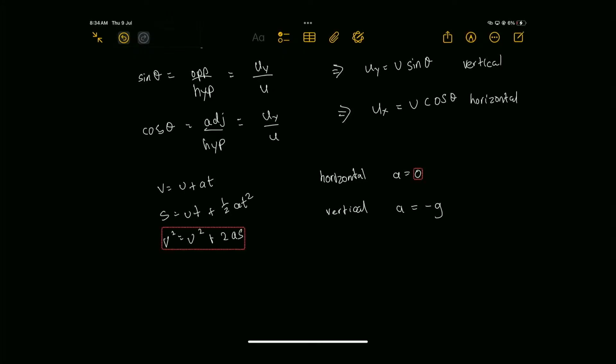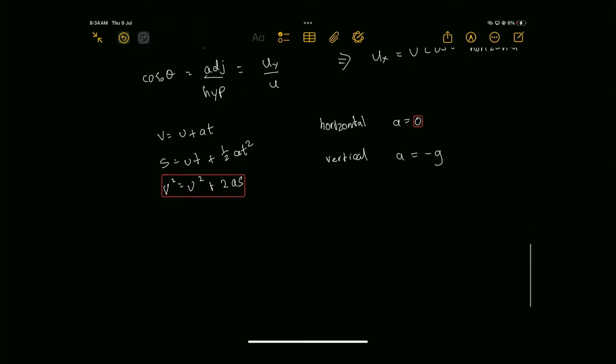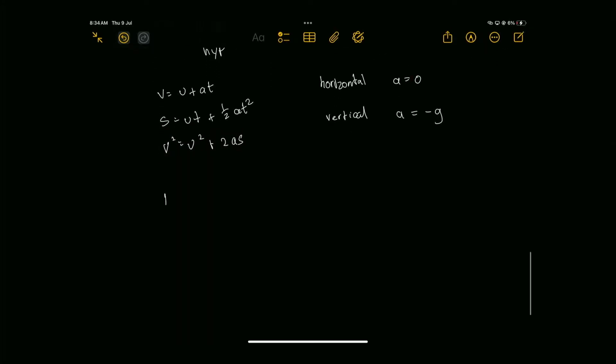Right? So when we are using these equations, we substitute a is equal to 0 for the horizontal components. So what we would see horizontally is Vx is equal to Ux plus 0t, which is just equal to Ux.